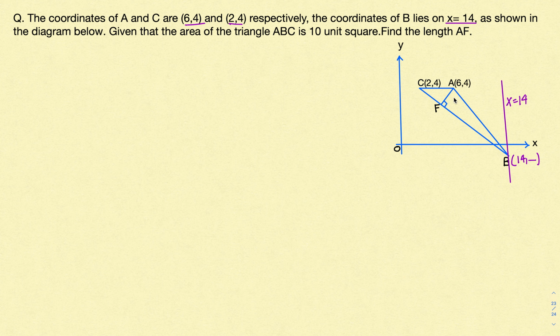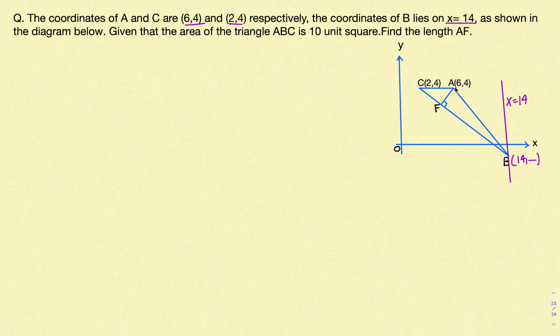Now if you look at these 2 points carefully, if you look at the coordinates, you can see that the y coordinate of A and C are the same. It's 4 for both. That means this line AC is parallel to the x-axis. Basically its y coordinate is not changing. So what will be the length of AC?